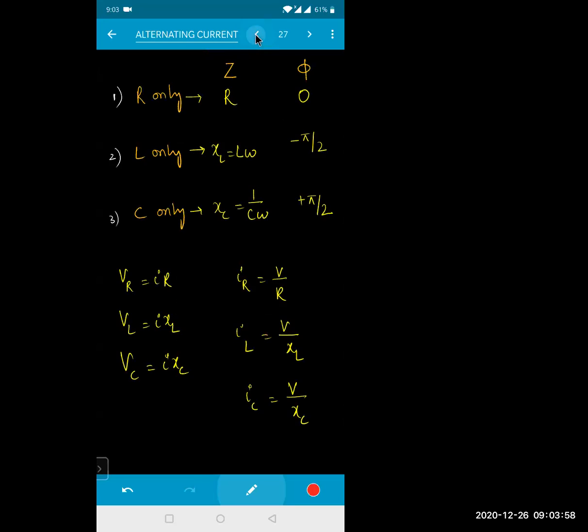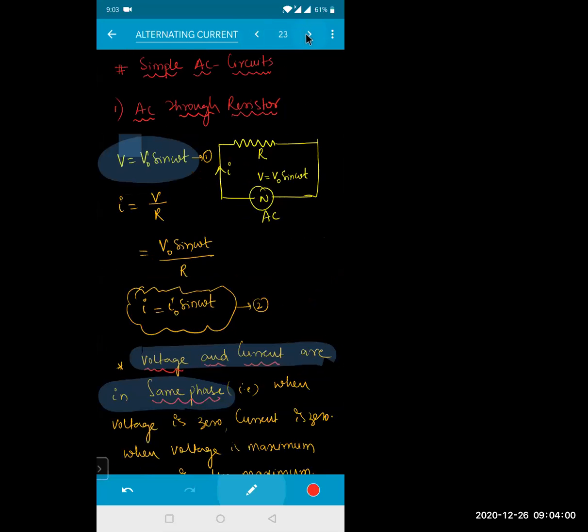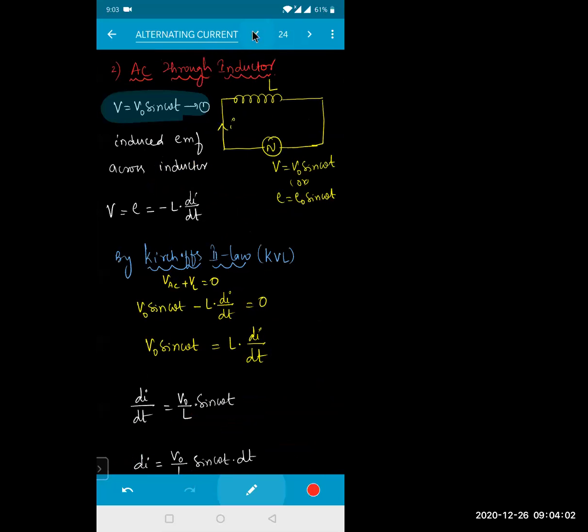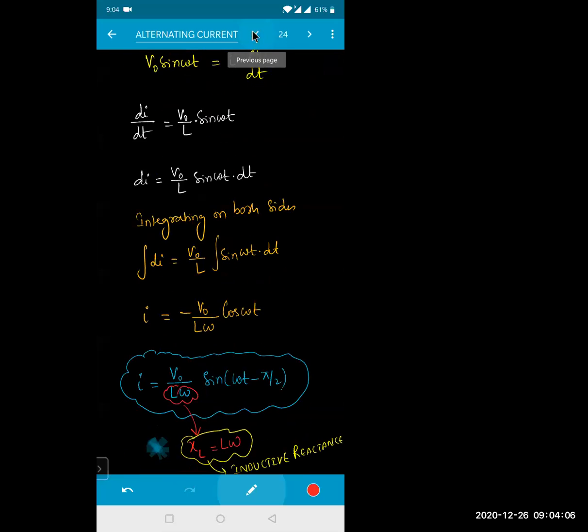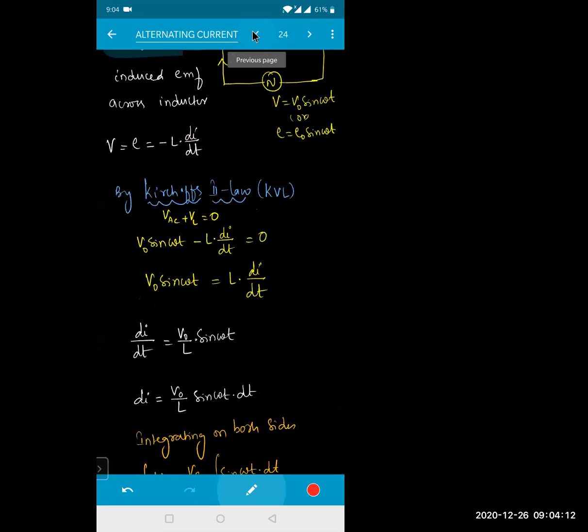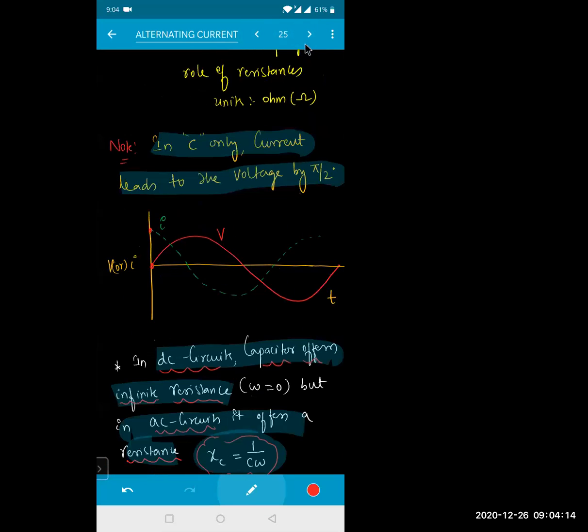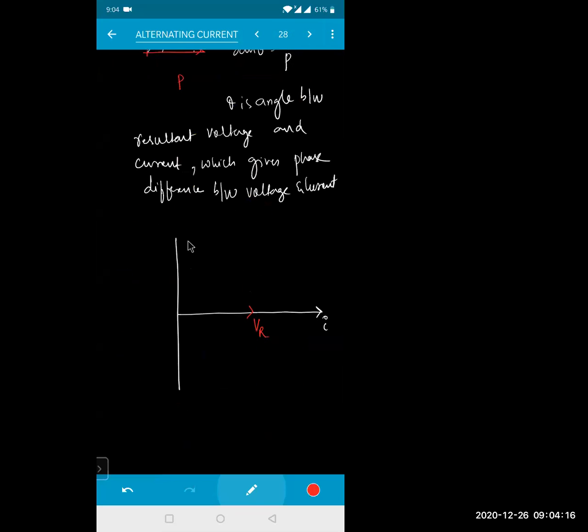Now the next one, the potential across the inductor. Second one is the inductor. Now see, for the inductor, voltage is sin omega t and current is minus sin omega t. That means current is lagging by pi by 2. When current is lagging, the potential will be ahead, so I'll be writing here the potential of the inductor, VL, in the upward direction.